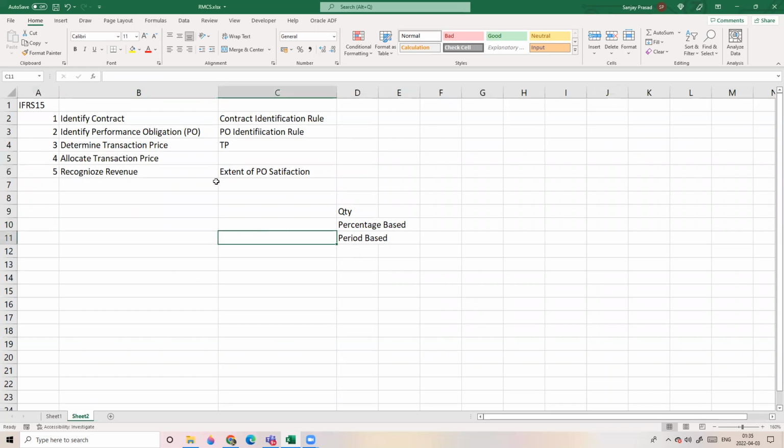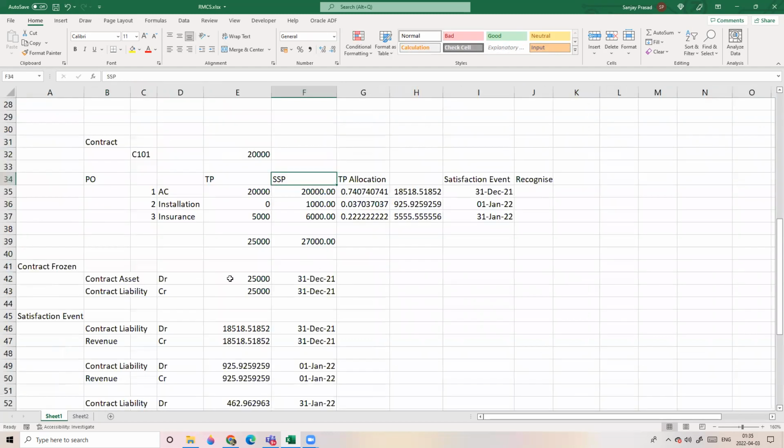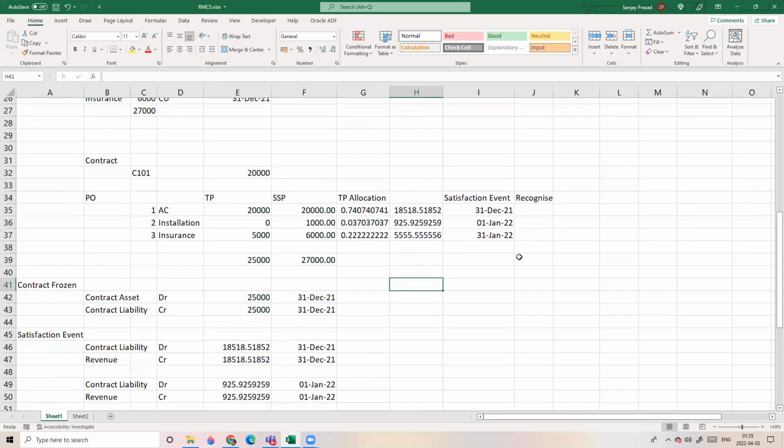That is why recognition of revenue occurs up to the extent of performance obligation satisfaction. So what does it mean? Let us understand this with the same example we were going through.